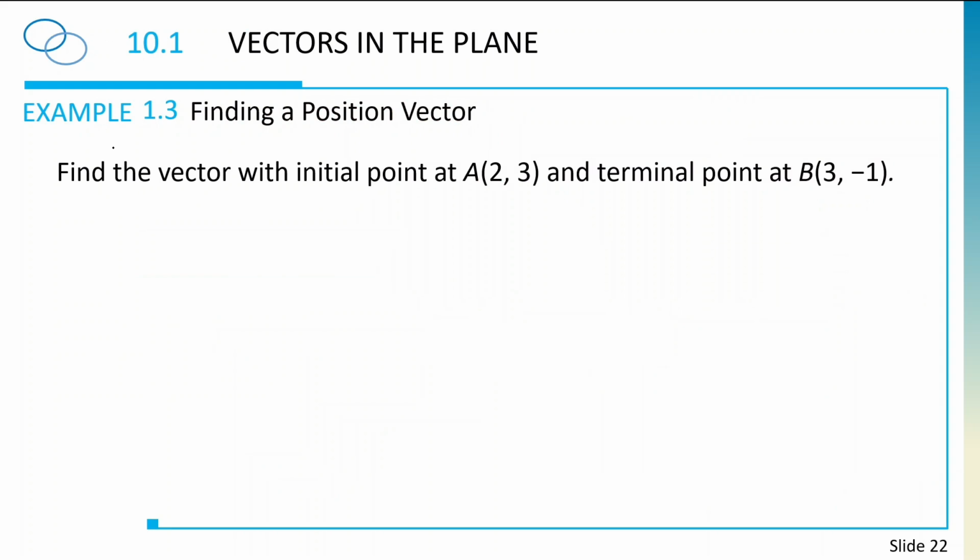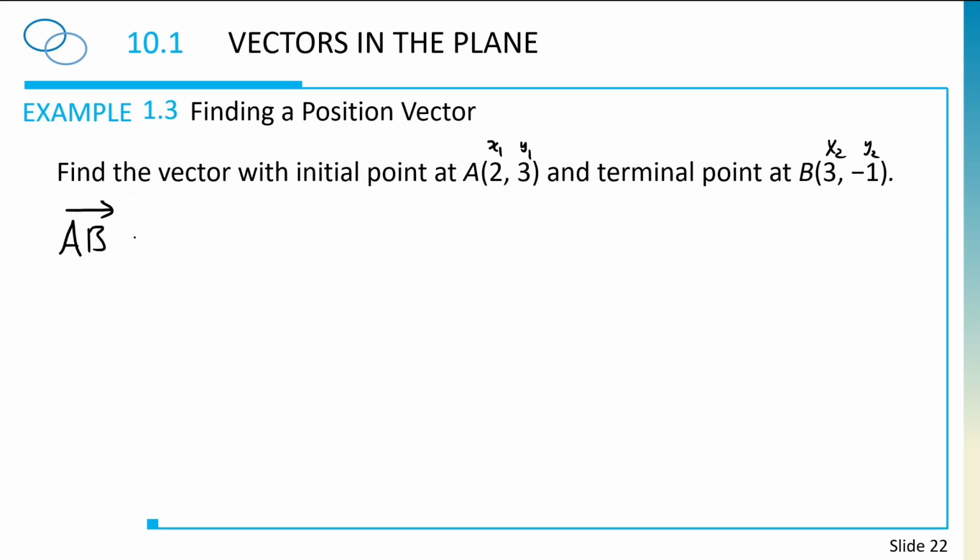So see this example. We need to find the vector with initial point A at 2, 3 and terminal point B at 3, negative 1. So basically what I'm finding is this vector AB. You see? A is the initial point, B is the terminal point. This is x1, y1. This is x2, y2.